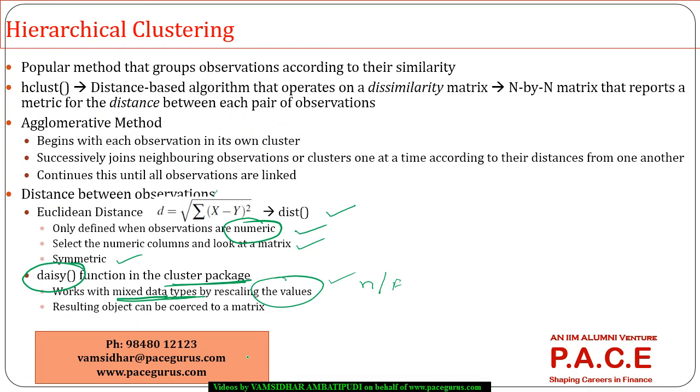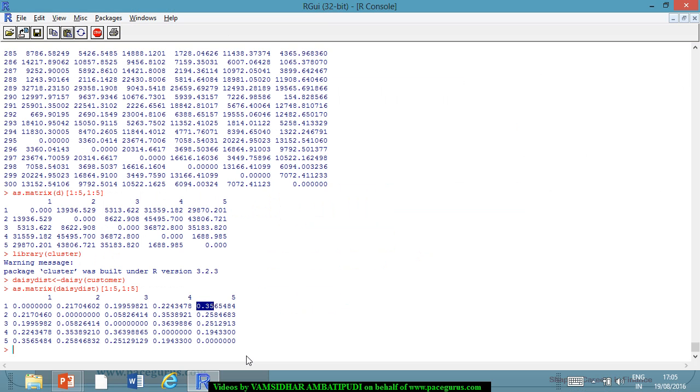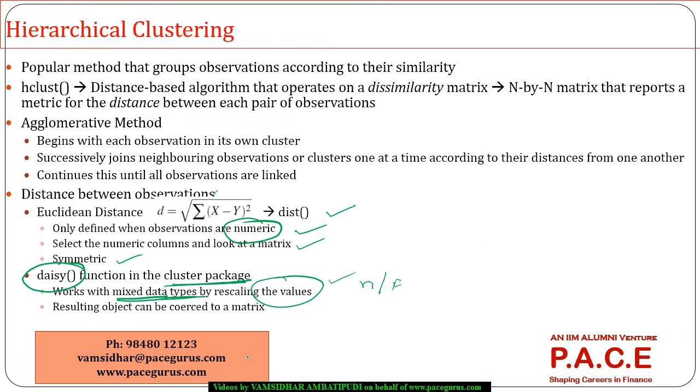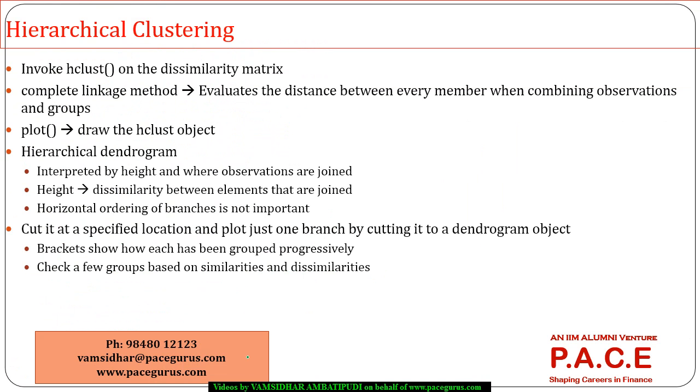Once I have the whole thing as a matrix, it's better that I save that information. I have it saved as daisy dist, so I can use it as an input and run my hierarchical clustering algorithm.